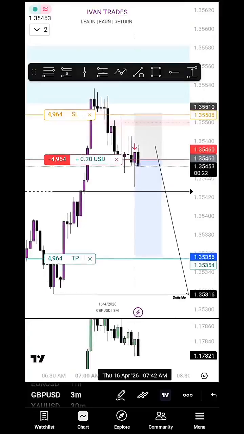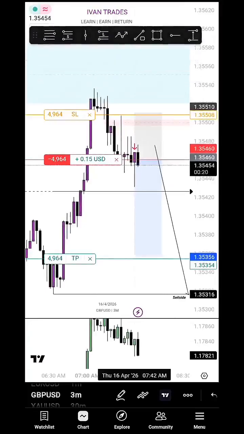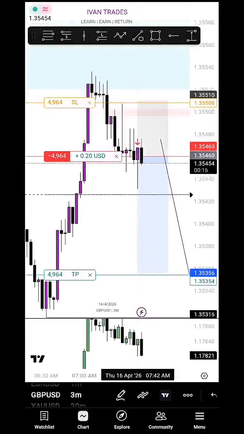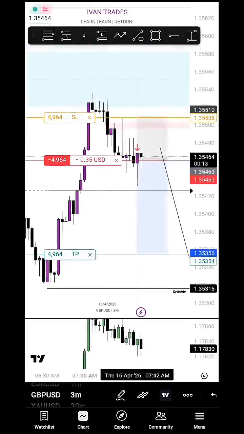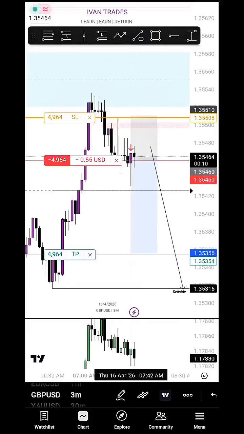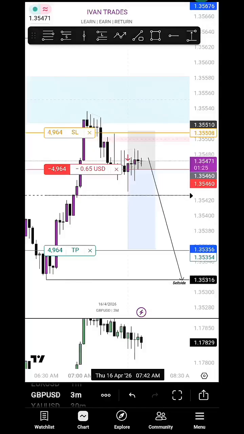Once the price reaches this equilibrium, I will trail my stop, probably above these highs or above this down close open high candle's high to minimize risk at least.